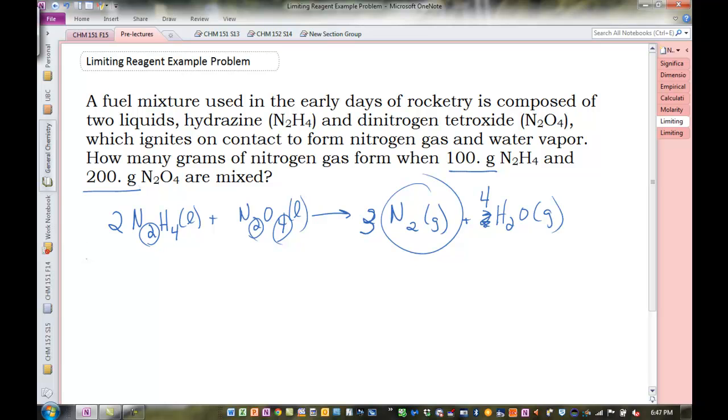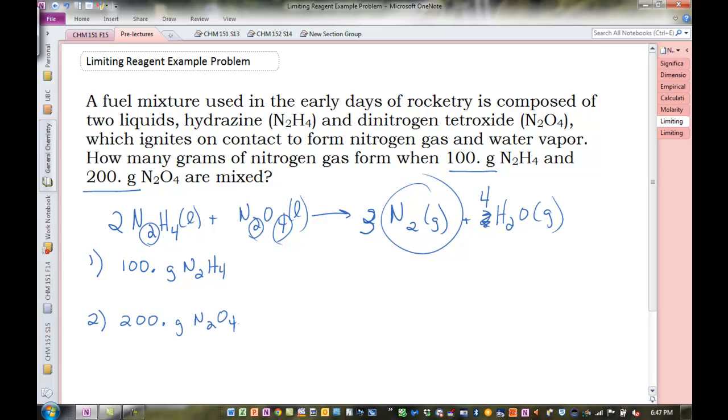So the method that I like is we're going to treat each reactant separately. Now you will notice I put a decimal point after 100. Technically we should write this in scientific notation, but let's assume we have 3 sig figs with that number. We're going to do a second calculation with the other reactant.